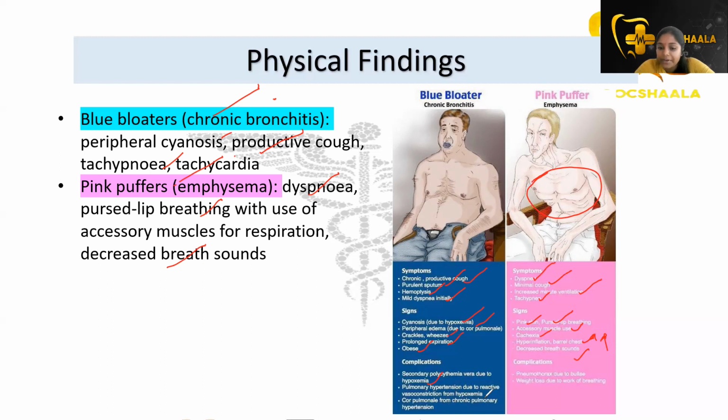Then pulmonary hypertension due to reactive vasoconstriction from hypoxemia, and cor pulmonale from chronic pulmonary hypertension. Then complications associated with pink puffer are pneumothorax due to bullae, and weight loss due to work of breathing.